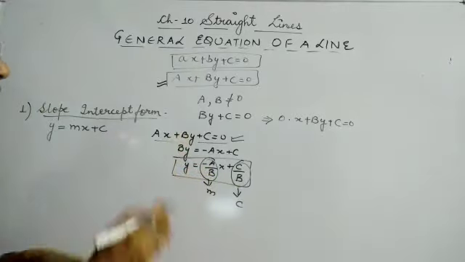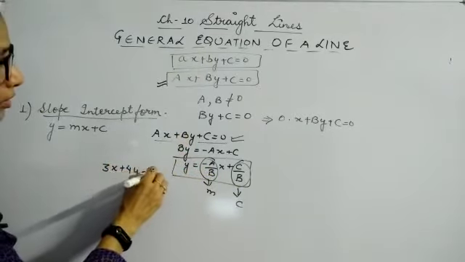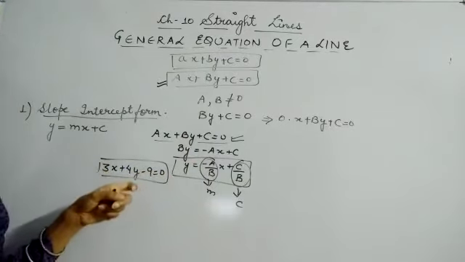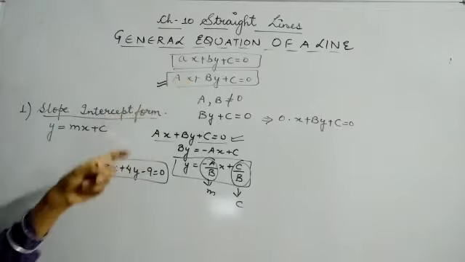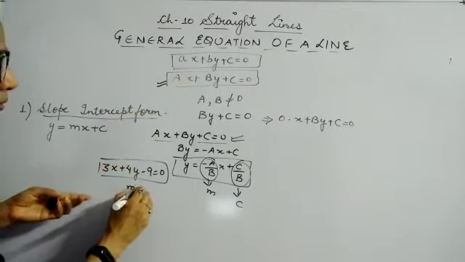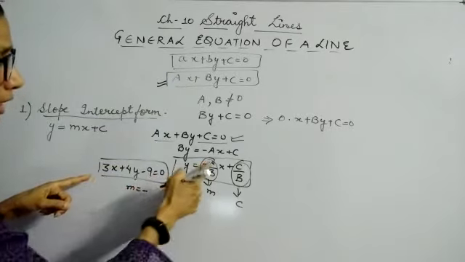That means if you are given, say, an equation like this, just by looking at this you can say, yes, my given equation is in general form, so I can find out the slope directly. How? Slope can be calculated as minus A by B. So minus A is what?